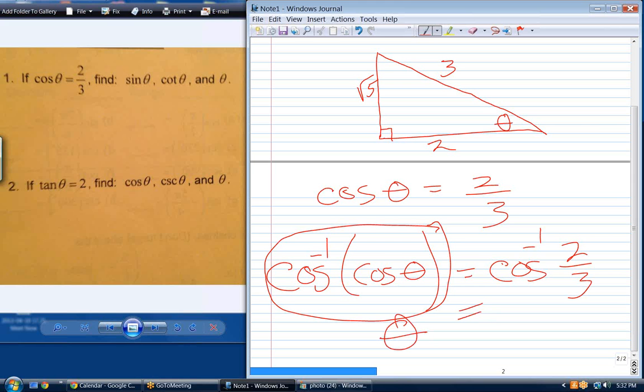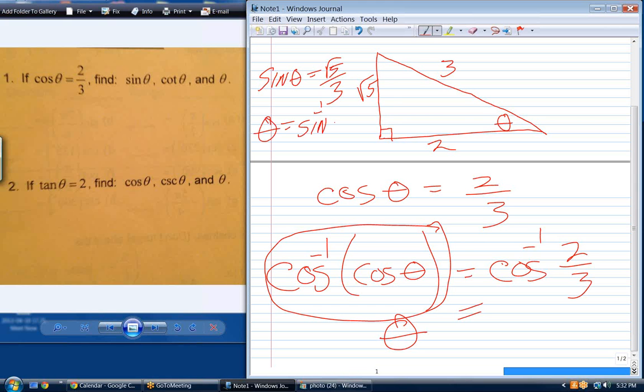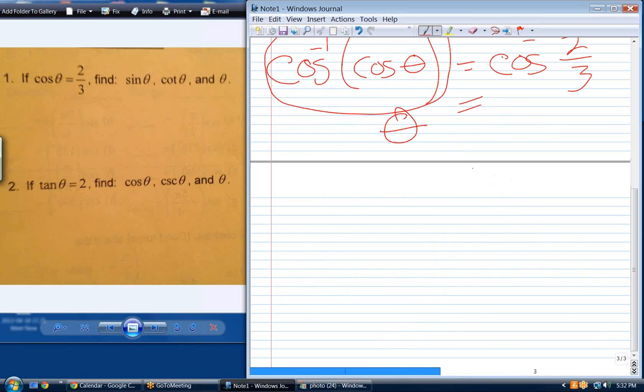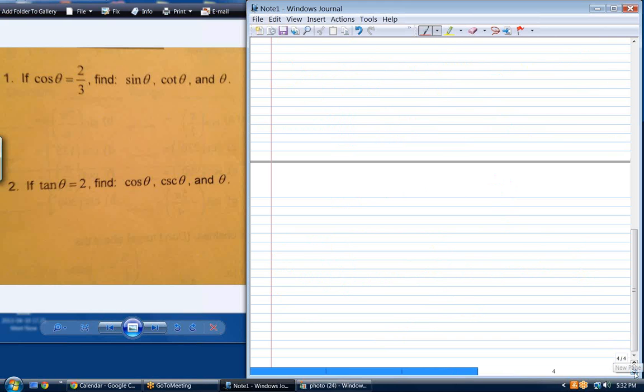Also equals the inverse sine of root 5 over 3, because we had the sine of theta was root 5 over 3, which means theta is the inverse sine of root 5 over 3. That makes sense. That's what inverse functions are. It's attempting to find out the angle when given the trig value.